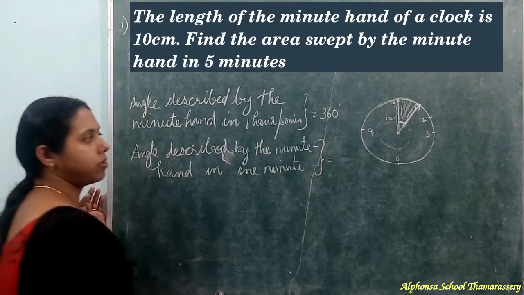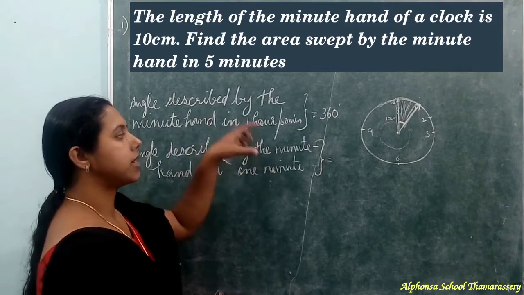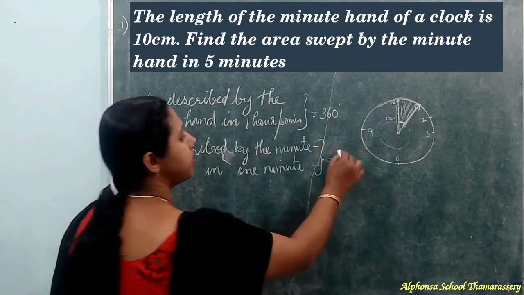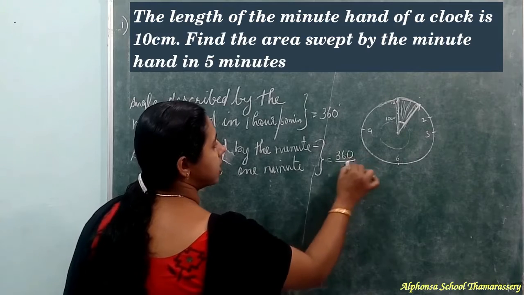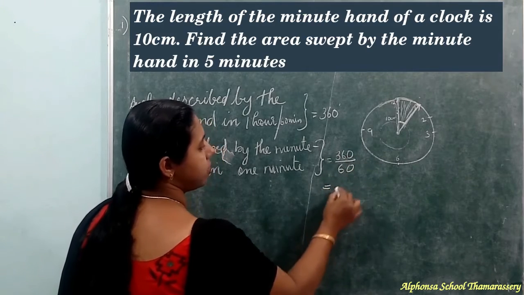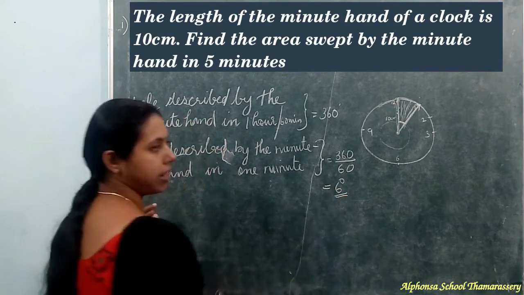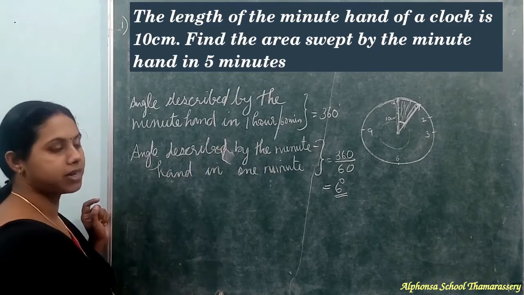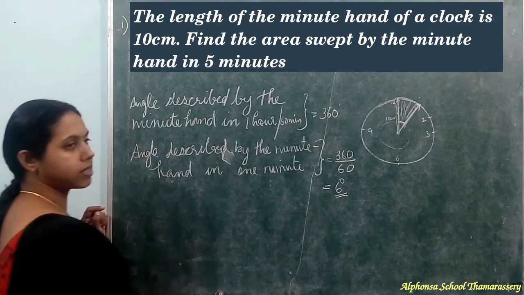In 60 minutes it is 360 degree, then for 1 minute it will be 360 by 60, that is equal to 6 degree. The angle described by the minute hand in 1 minute is equal to 6 degree.